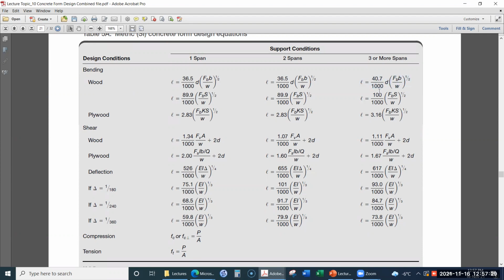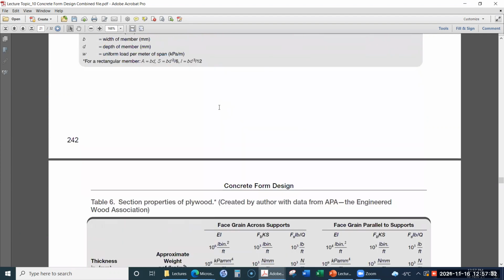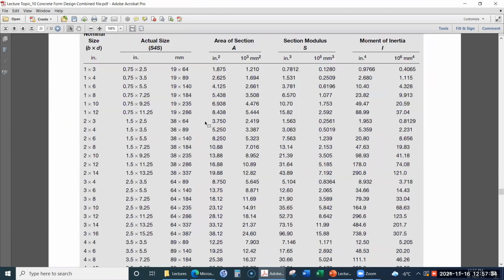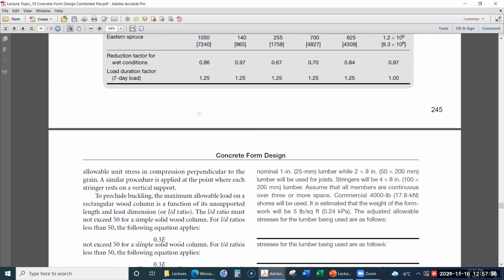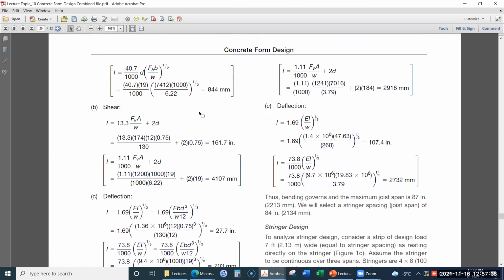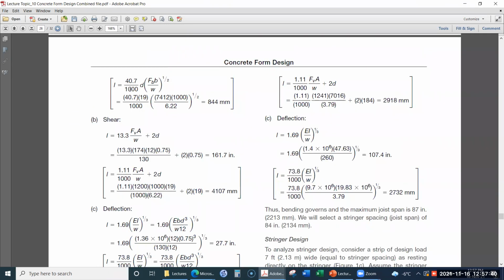Let's see if we have the same equation over here. Yes: 40.7 over 1000 times D times FB times B over W, all to the power 1 by 2. The 40.7 over 1000 is from the formula. D is equal to 19 millimeter. So why is it 19 millimeter?